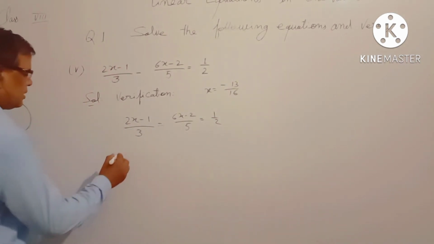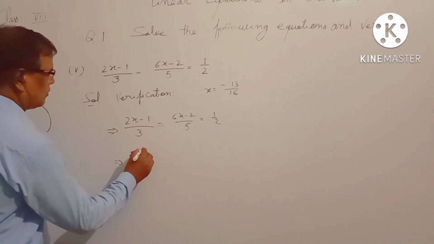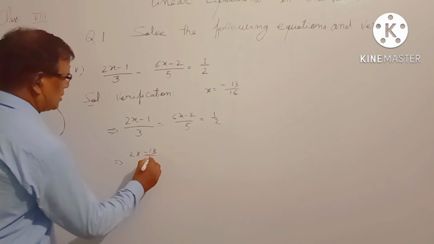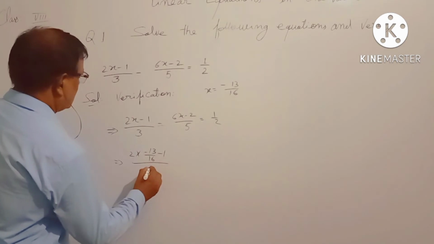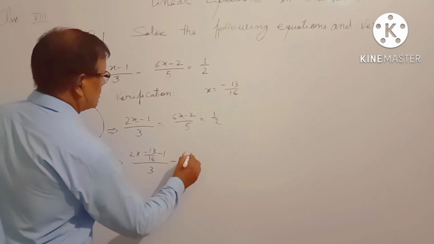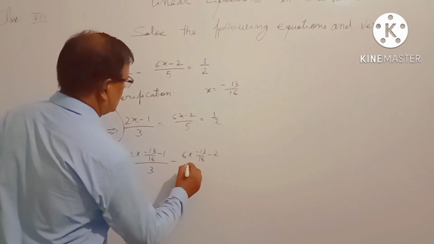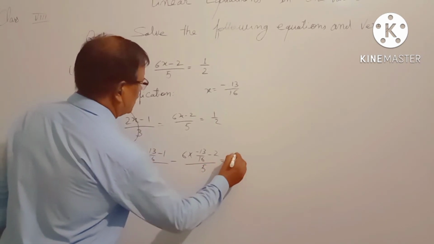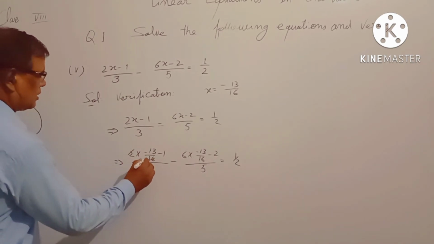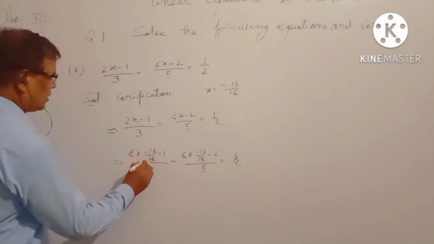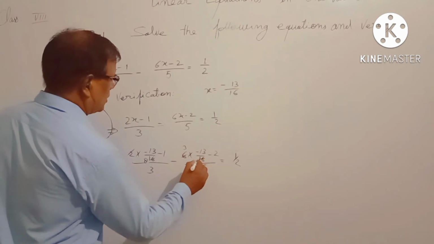Now we put the value of x here and we are finding 2 into minus 13 by 16 minus 1 by 3 minus 6 into minus 13 by 16 minus 2 by 5, it will be equal to 1 by 2. Now we are seeing 2 ones are 2, 2 eights are 16, and 2 threes are 6, 2 eights are 16.